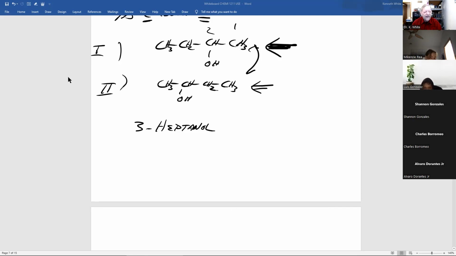All right, let's continue. How do you decode this? To know what to draw, you start from the right, move left. OL ending tells you it's an alcohol, OH. And if that were an E, heptane, that's 7 carbons.